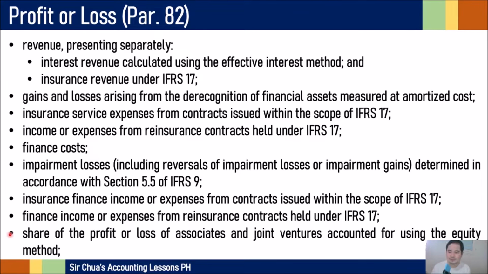Pero wag nyo kalilimutan dahil meron po tayong share ng profit or loss po doon. Meron po siyang separate line item sa ating pong profit or loss section. In any case that you have a share of profit or loss in associates and joint ventures that is accounted for using the equity method, then that's what you should do. You present also the share of that profit or loss. Okay? So wag nyo pong kalilimutan yon.